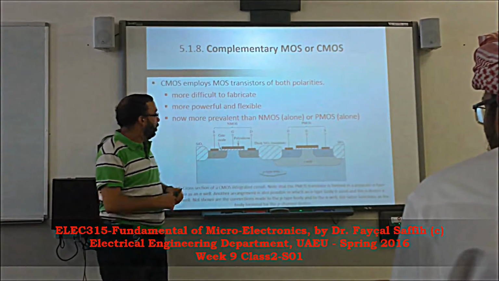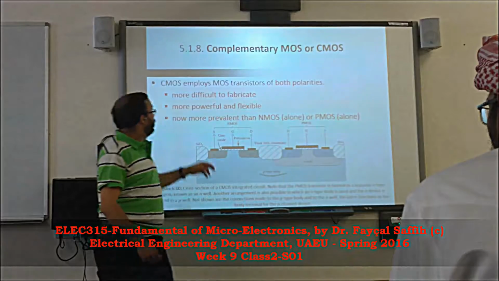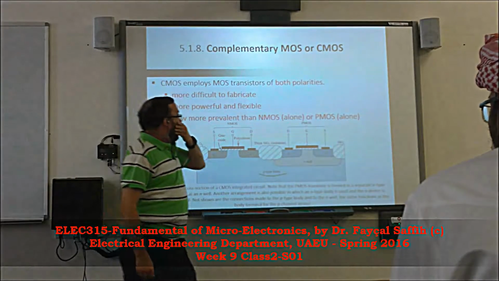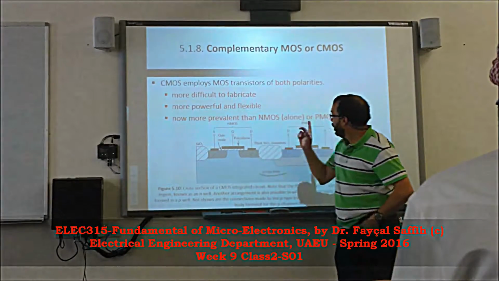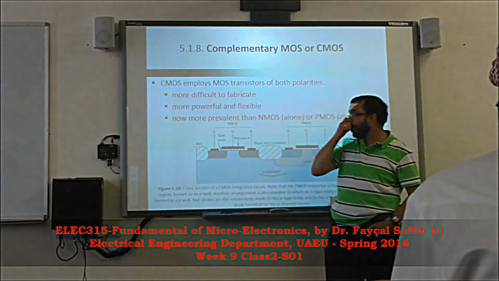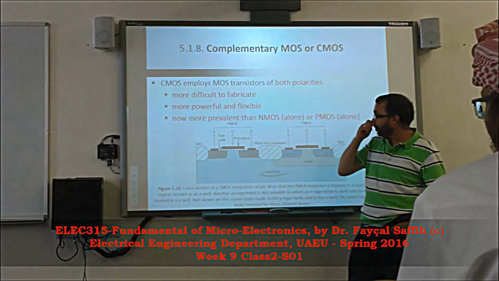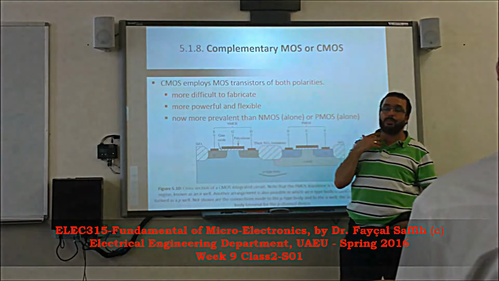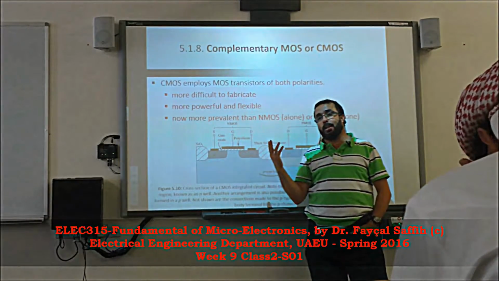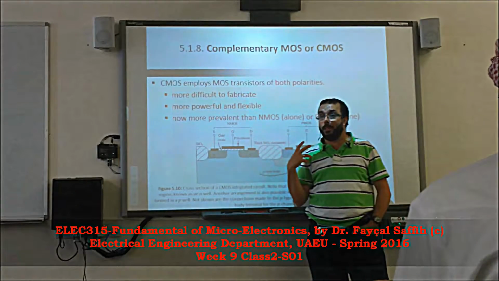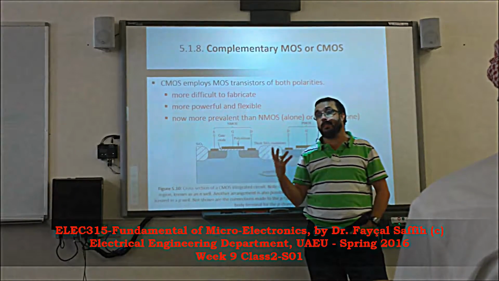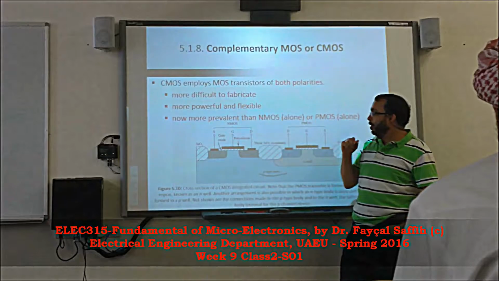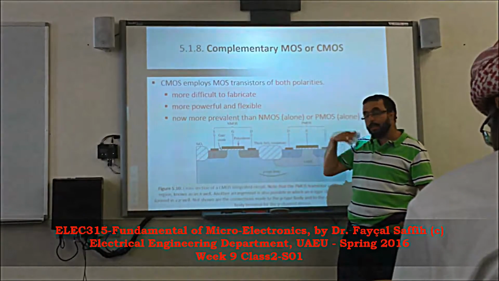This technology is really good, especially in terms of power. The power consumption of this technology is extremely good. It's also very flexible and powerful for building digital circuits, logic basically. Later on, it's not only logic but also analog.